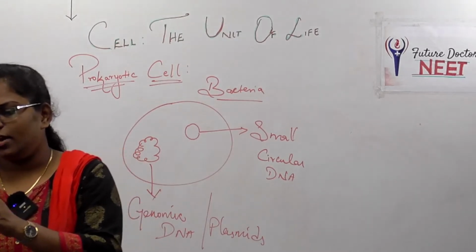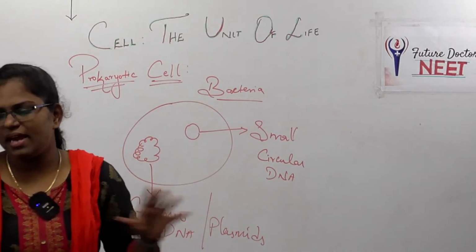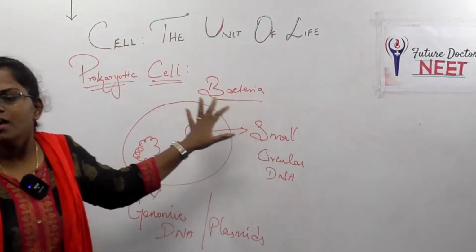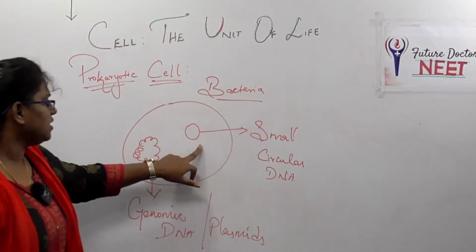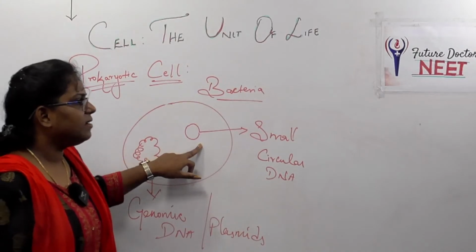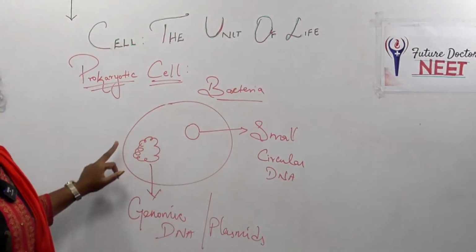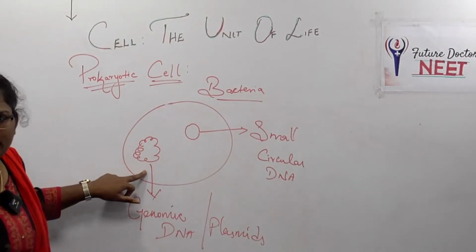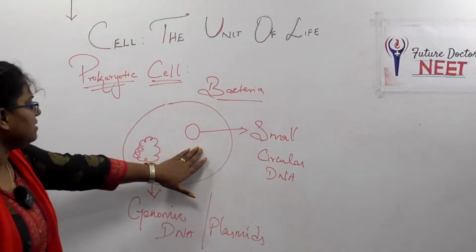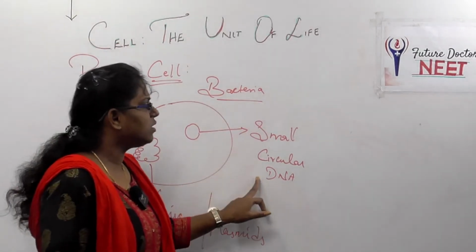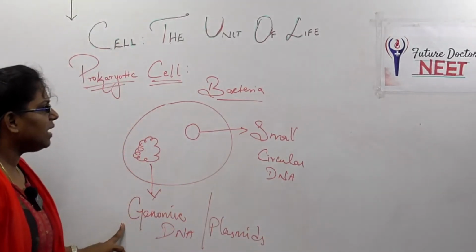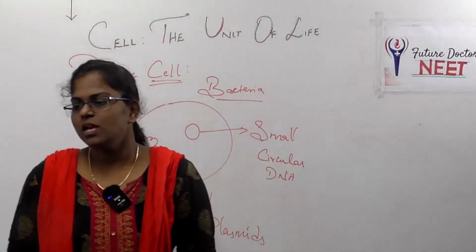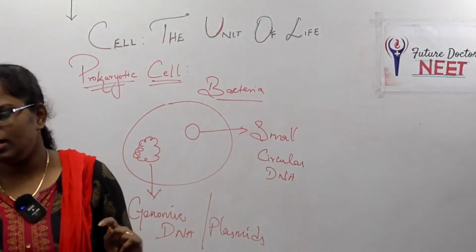These smaller DNA are called plasmids. So many bacteria have small circular DNA outside the genomic DNA, which contains the genetic material. These smaller DNA are called plasmids.